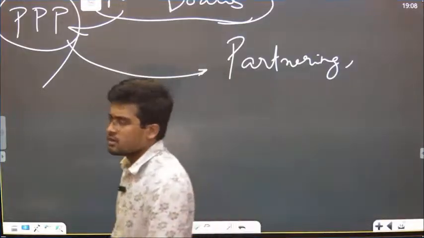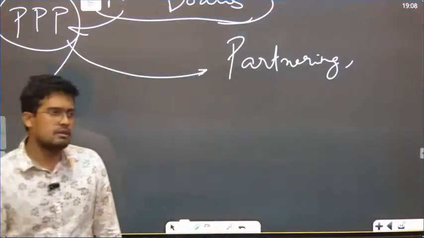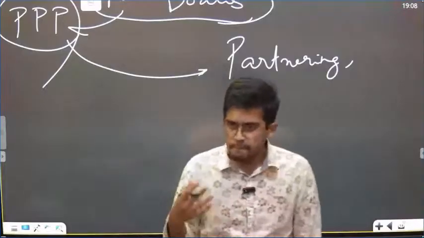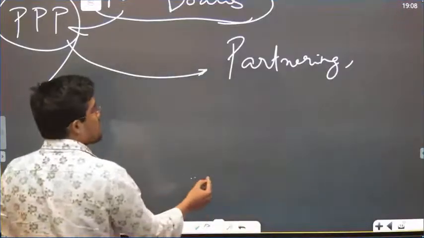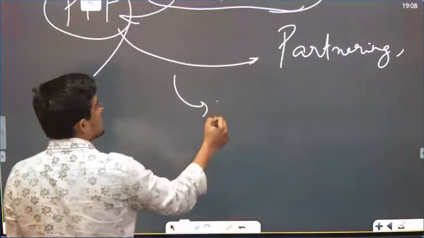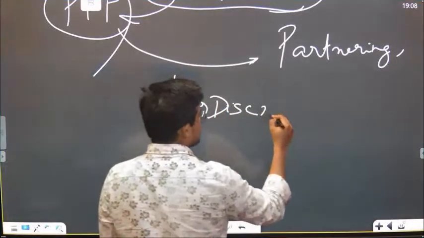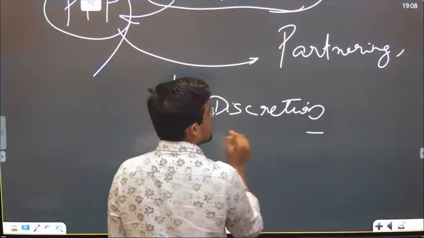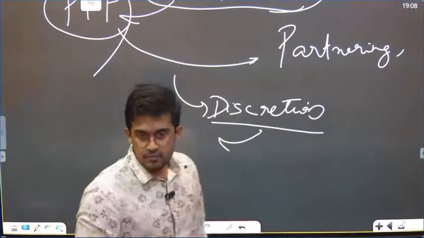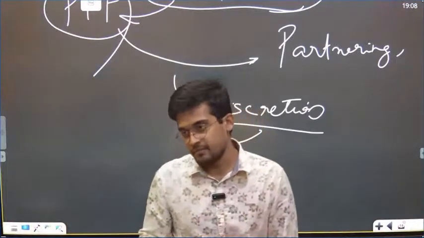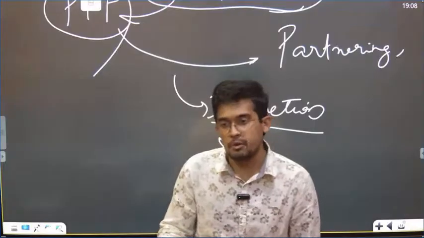Yes, administration has a lot of problems. What all problems can arise, such as discretion. Now discretion is given to the administrator to carry out the implementation of certain policies.